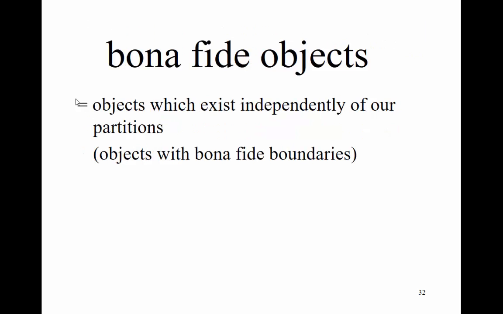So, bona fide objects are those objects which exist independently of our partitions. And this is part of what is meant earlier on by saying the world knows planets, or the world knows cells, or the world knows animals. What that means is that independently of our partitions, there are cells, planets, animals, because there are physical discontinuities separating those things. There are no legs. I mean, organism legs. There might be table legs, but there are no organism legs, or noses, or heads, independent of our partitions.